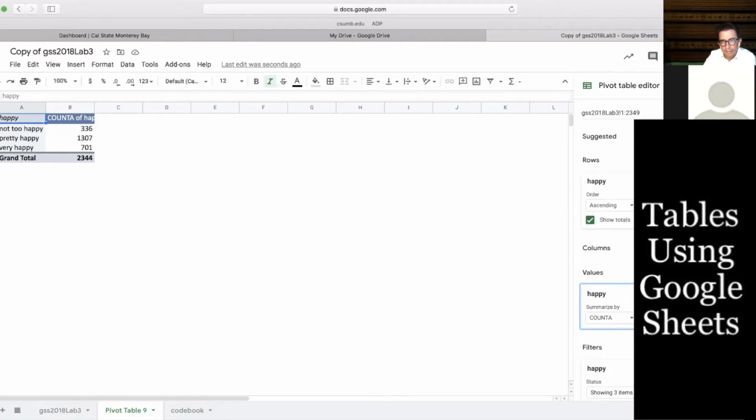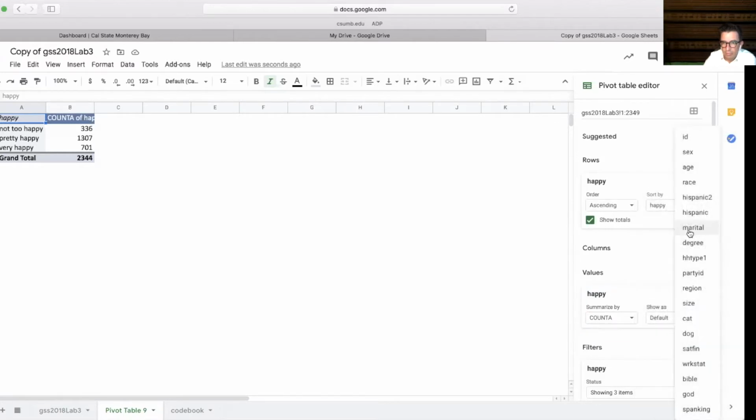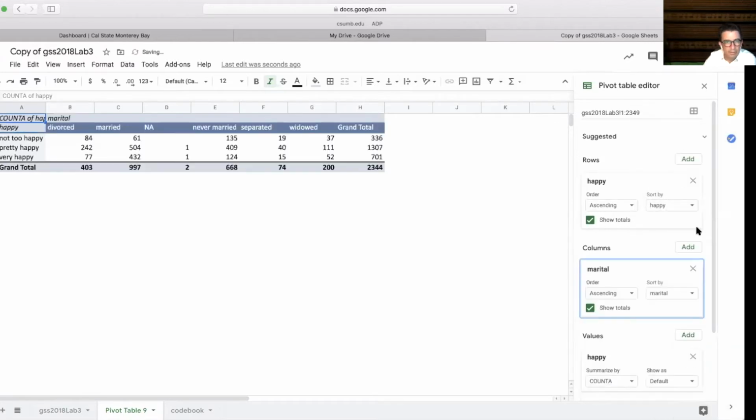Now, we think that your marital status actually has an impact on your level of happiness. So let's test that hypothesis. Let's bring the variable marital status and put it across the columns. The way we do that is we go to the columns and add, and let's look for marital. So there's marital. Click on there.